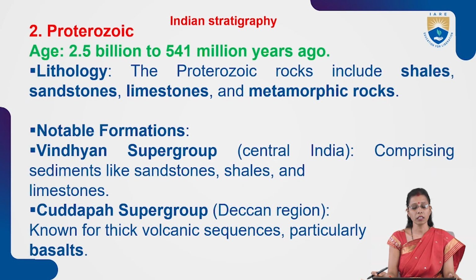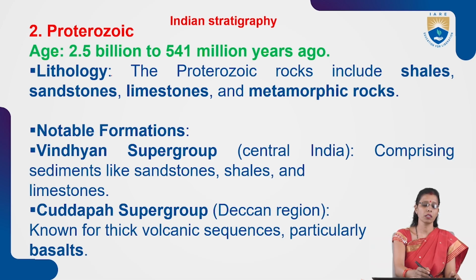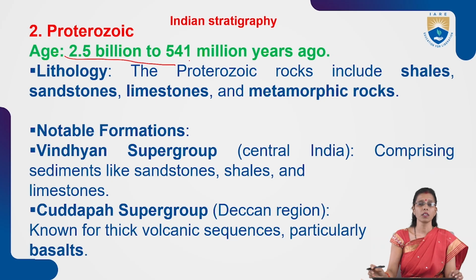Now the second thing in the Indian stratigraphy, when we classify, is the formation of rocks in this age, which is called the Proterozoic age, which is 2.5 billion to 541 million years ago.